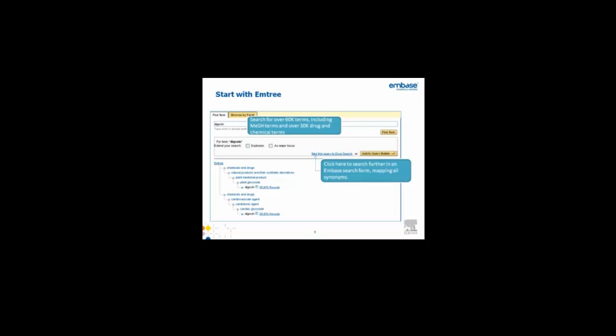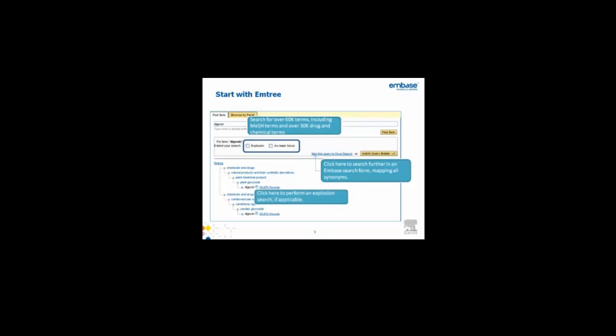So, for example, here you can click to search further in an Embase search form, mapping all synonyms. Explosion and major focus we will be coming back to later on. But these are important ways of either broadening your search or indeed refining your search and making it more specific. And you can indicate that before taking your search to the drug search form.